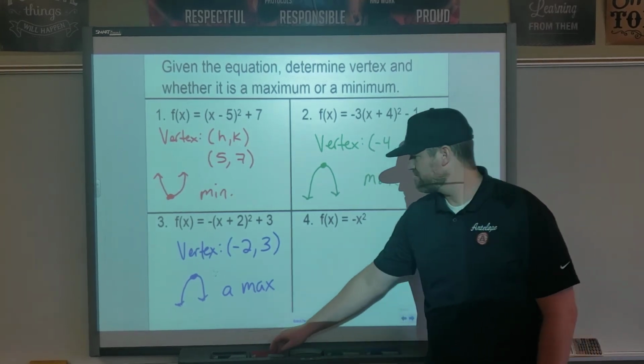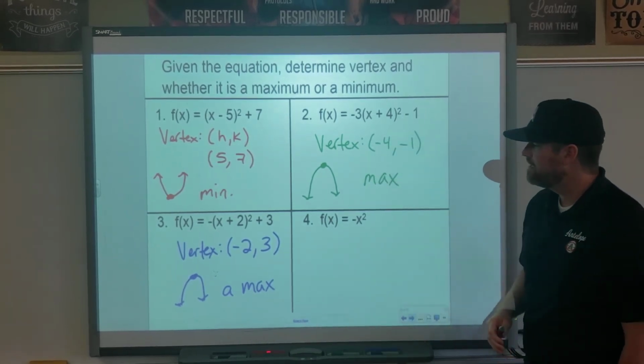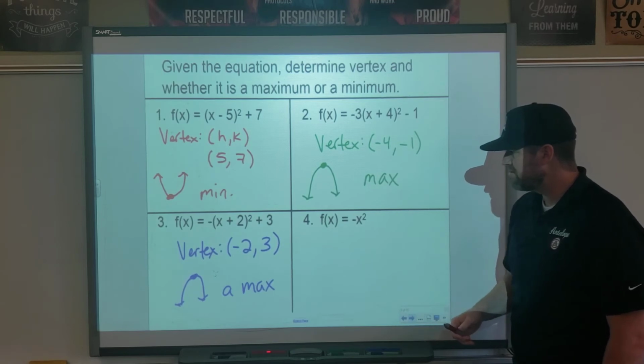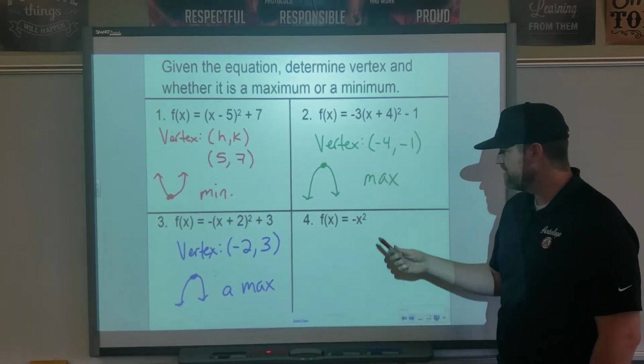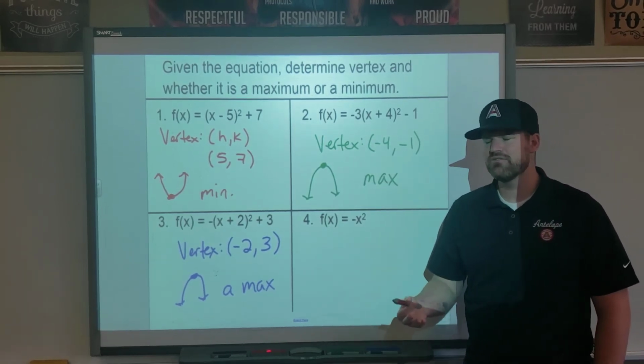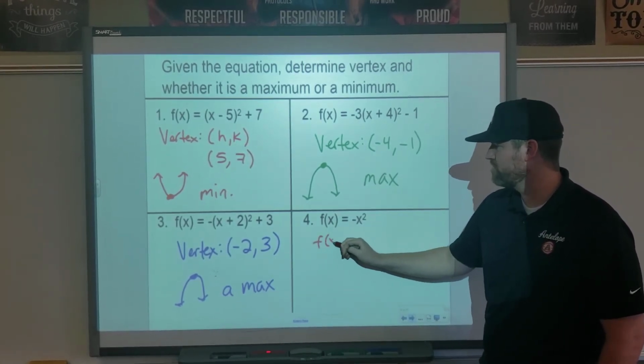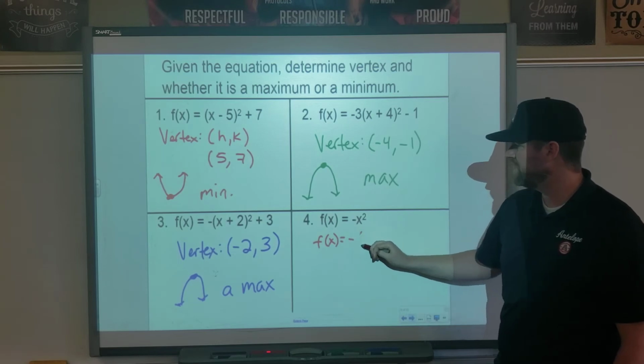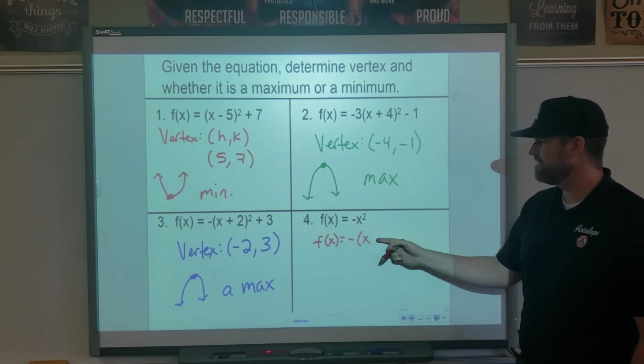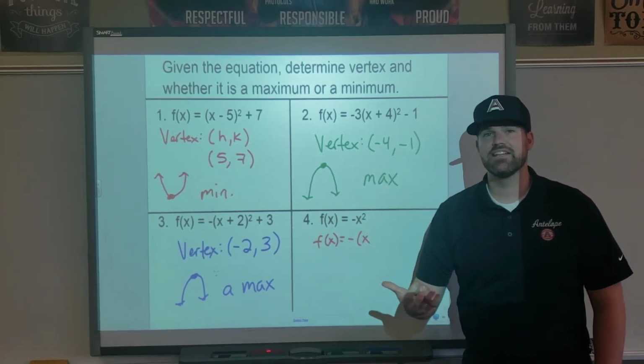All right, now this last one is a little trickier because I don't have any parentheses, so I don't have an h value. I don't have anything at the end, so there's no k value. So what is my vertex? Well, if we want to rewrite it in vertex form, we could. I could do negative, and then what number is attached to the x, or getting added and subtracted from it?